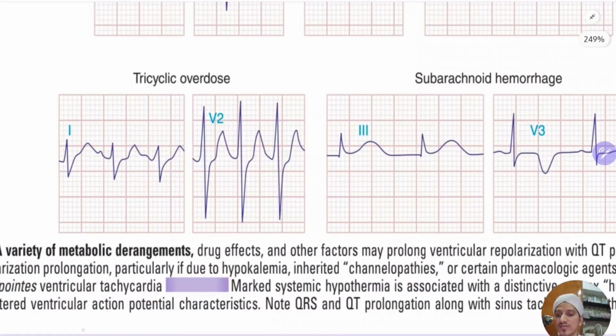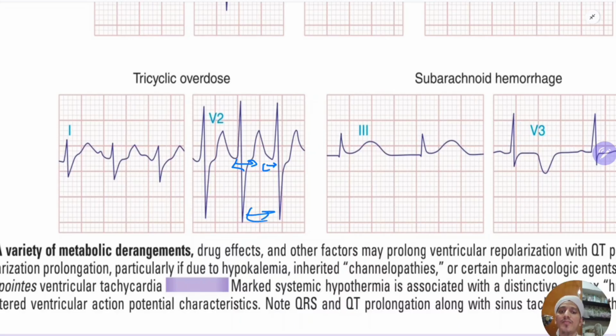So tricyclic overdose. See, I said one thing wrong there. In hyperkalemia, you will have tall T waves. And here you can see broad QRS complexes and shortened PR interval. Approximately no P waves, flat P waves, shortened PR interval, broad QRS complex.